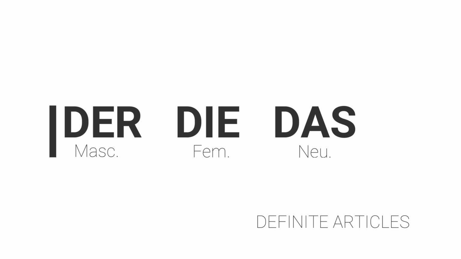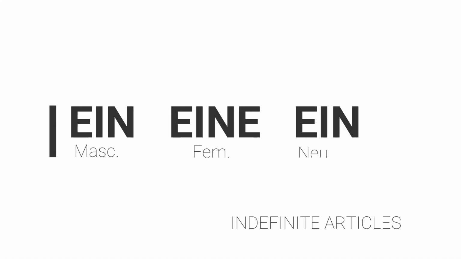So your definite articles are going to be der, die, and das. Männlich, weiblich, und sächlich, or neuter. I usually say neuter, but sächlich is another way of saying that. Then you have the indefinite articles, which are ein, eine, and ein. There are certain ways that you can tell, I think, by the endings of certain words, whether they're going to be masculine or feminine or neutral, in certain cases.